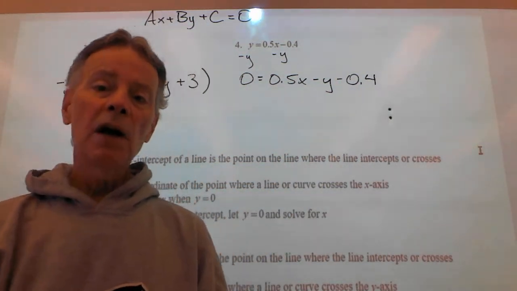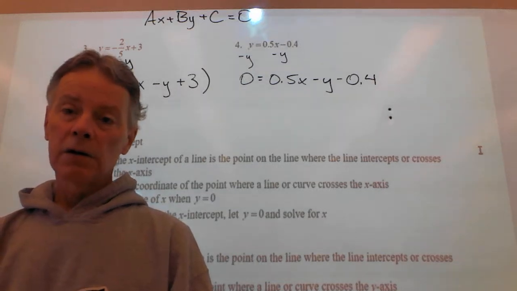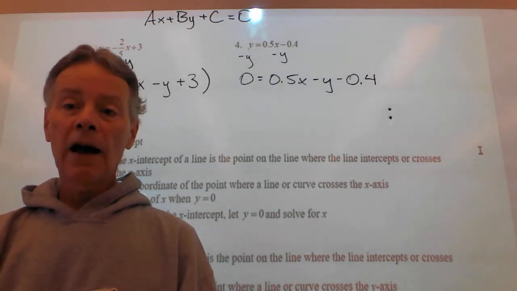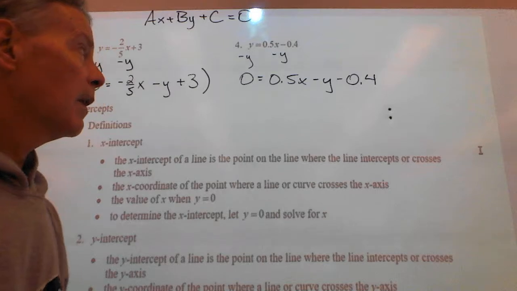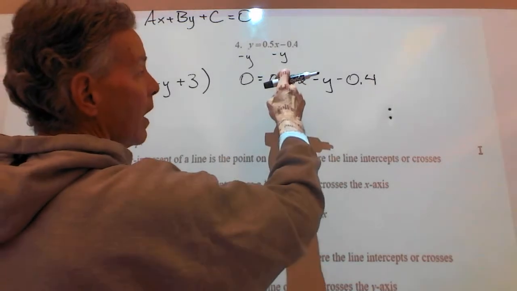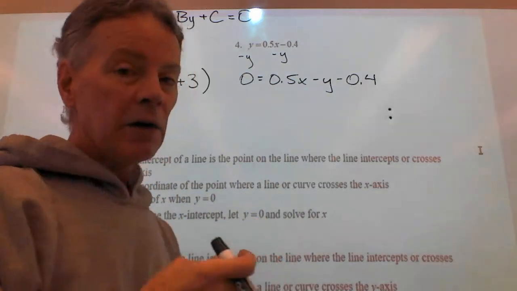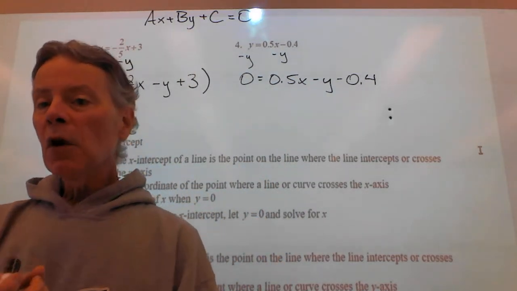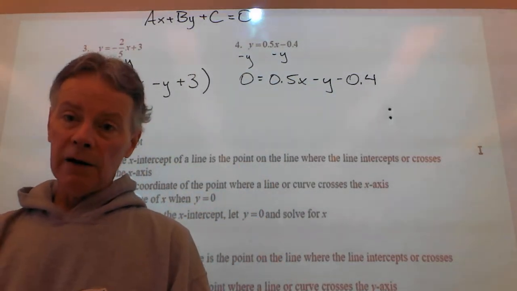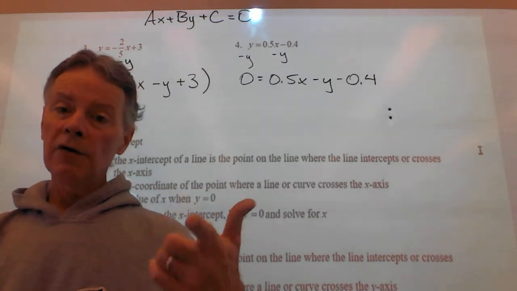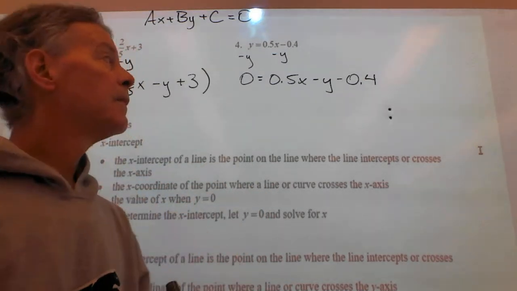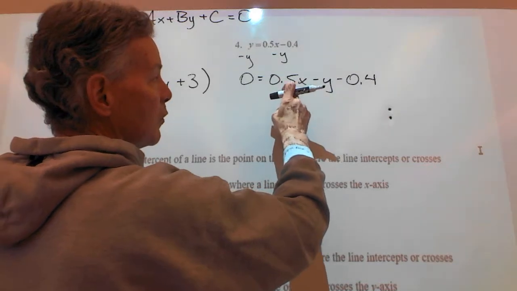Now this time, it's not a fraction, it's a decimal. We need to have a whole number, okay? So, the easiest way to do that is, if you think about it, if we multiply by a power of 10, either 10 or 100 or 1,000, all we'll be doing is moving the decimal.